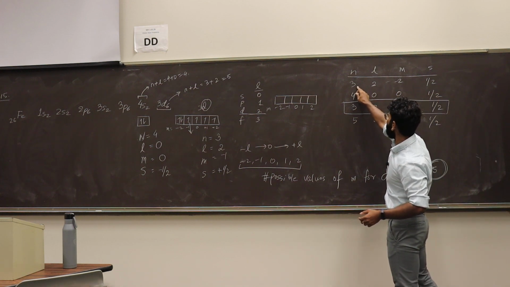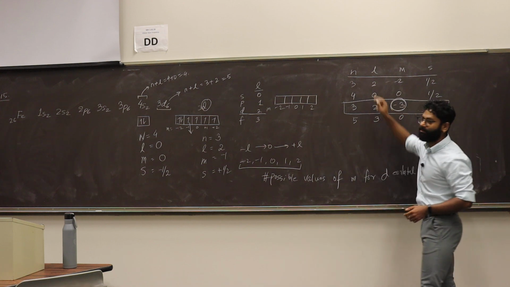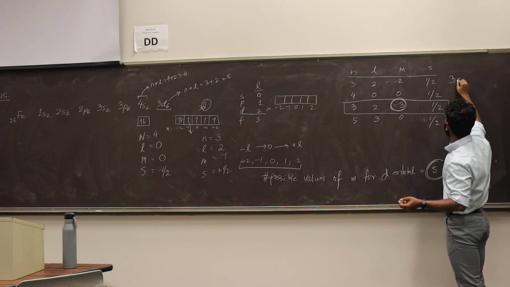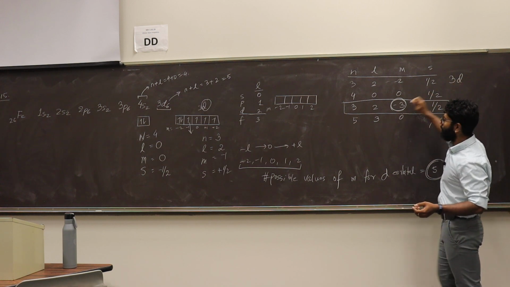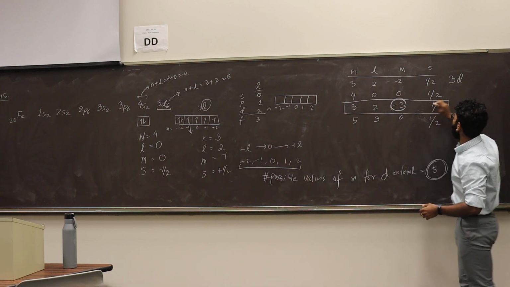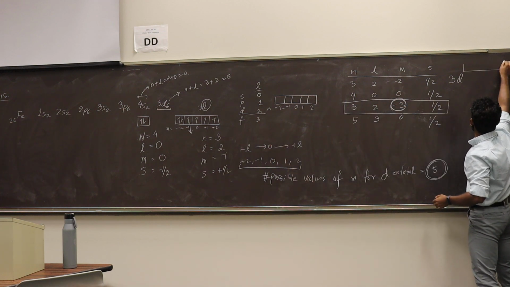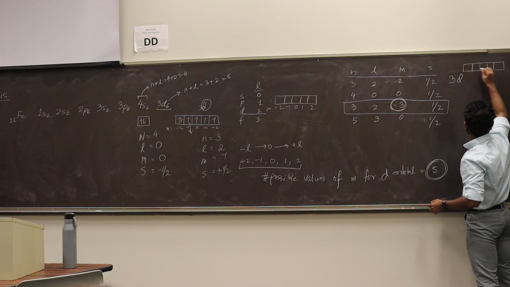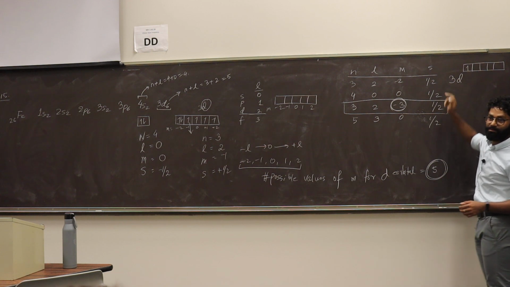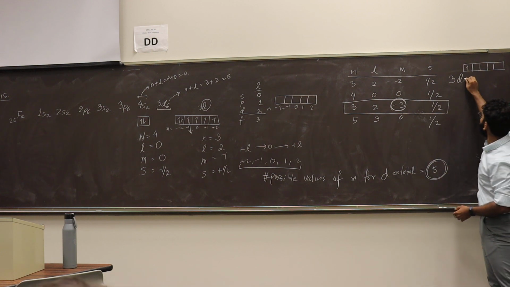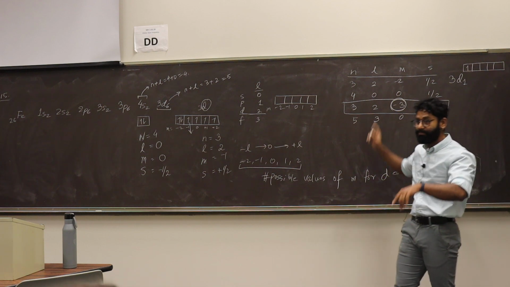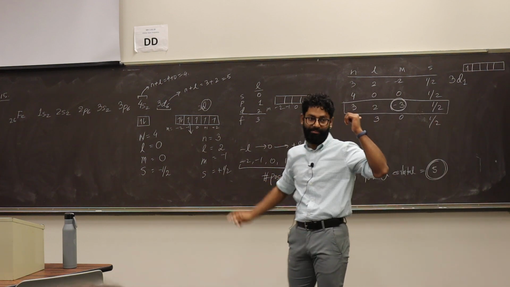Which shell is this? D. So this is 3D, right? This is 3D, and an M of -2, that means it's filling here, and a plus half, something like this. If this is the last electron filling in, which atom is this?